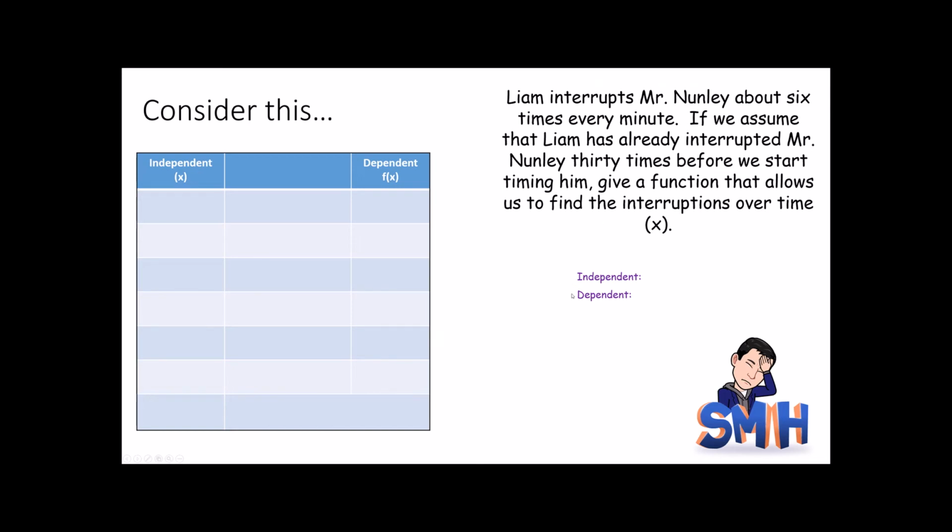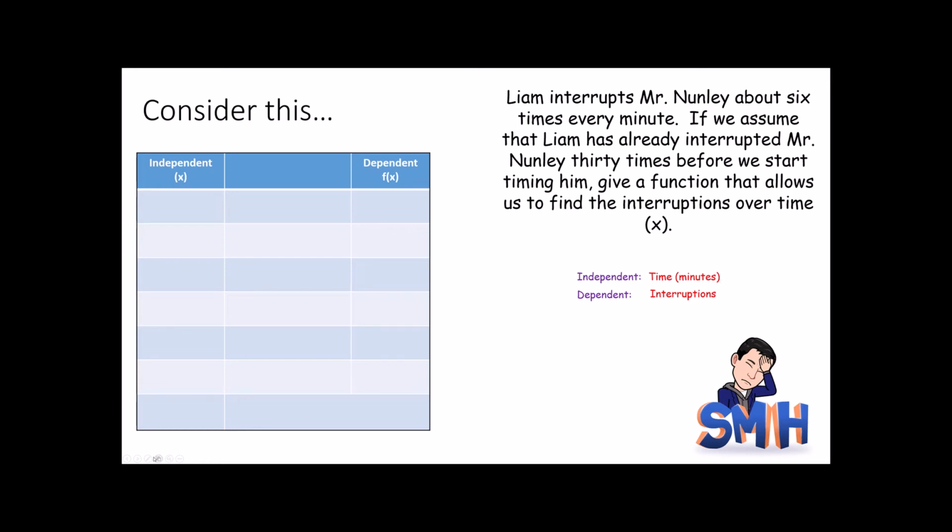One of those is dependent on the other. Do the number of interruptions depend on how much time has passed, or does the amount of time that's passed depend on how many times I was interrupted? Well, hopefully you realize we don't control time. Time passes independent of our decisions. But the interruptions that we have depends on how much time has passed.